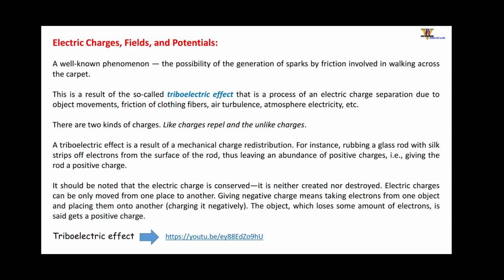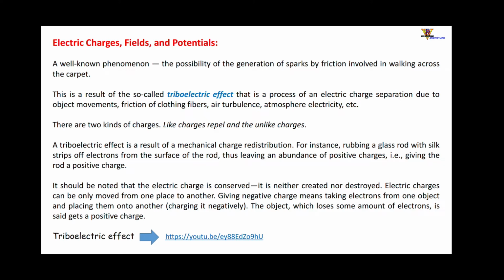The triboelectric effect is a result of mechanical charge redistribution, meaning charge will be transferred from one body to another body. For instance, rubbing a glass rod with silk strips.